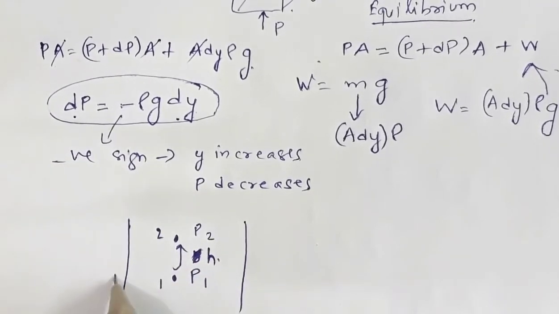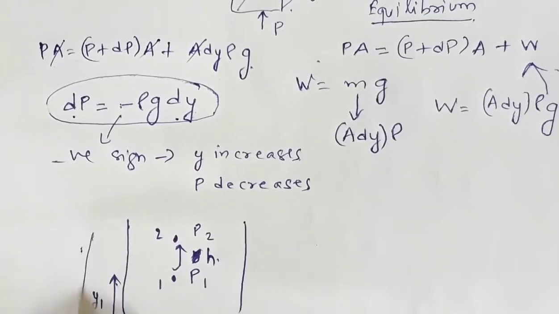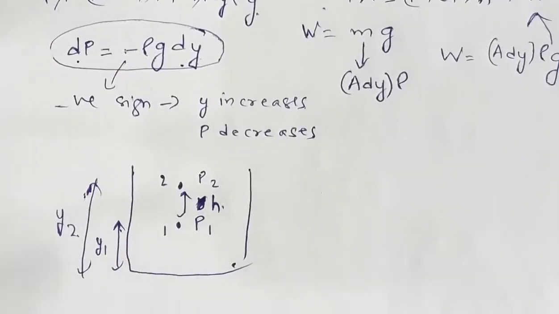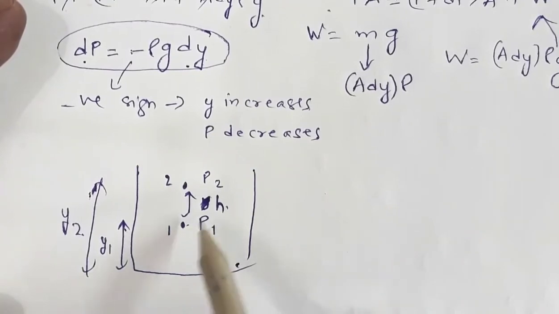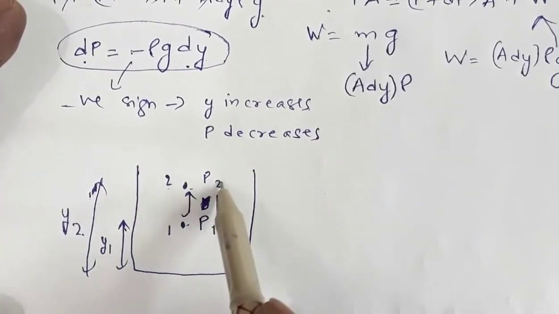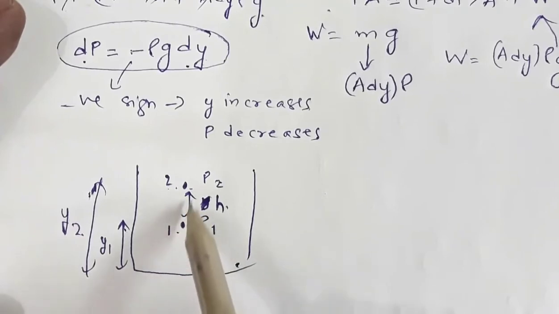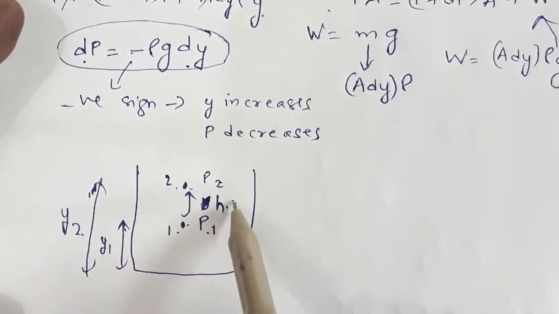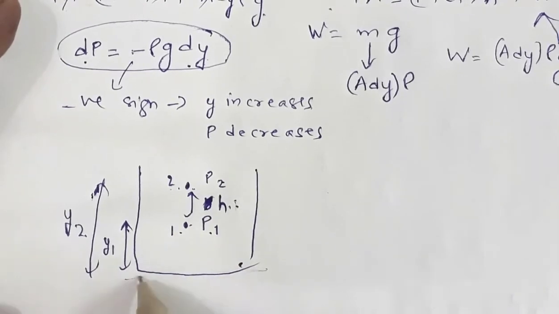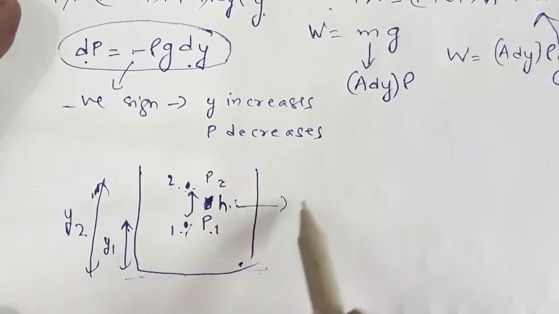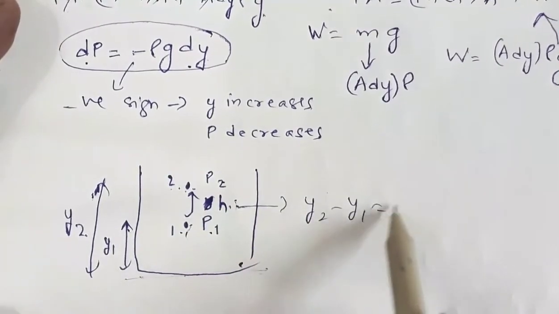Let's say this height is y1 for point 1, and for point 2 it is y2. The 2 points are separated by vertical height h. Height is measured from this end, so this is y1 and this is y2. So that means y2 minus y1 is equal to h.